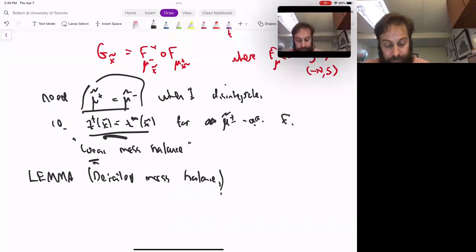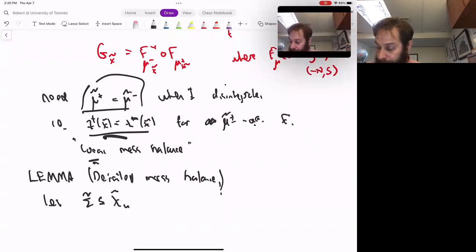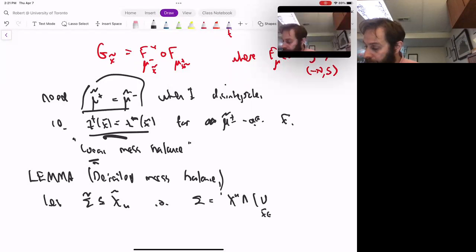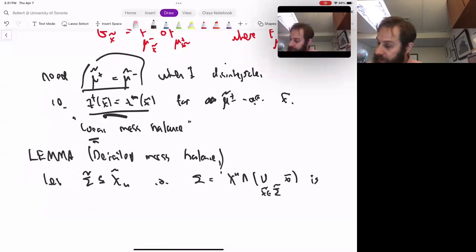So let sigma tilde be a collection of equivalence classes such that the union of equivalence classes in the set is Borel, or even gamma measurable. Yeah, so did we take an optimizer?